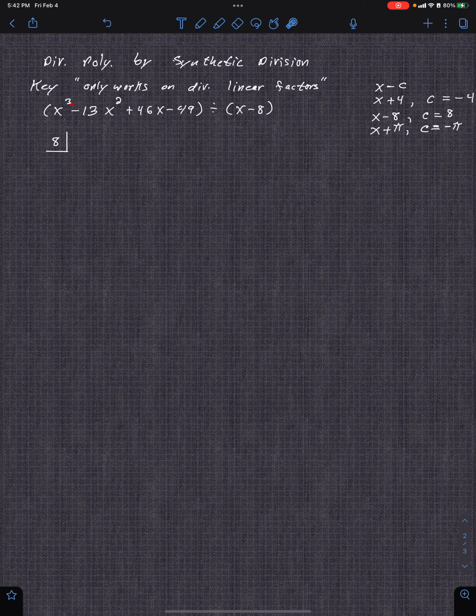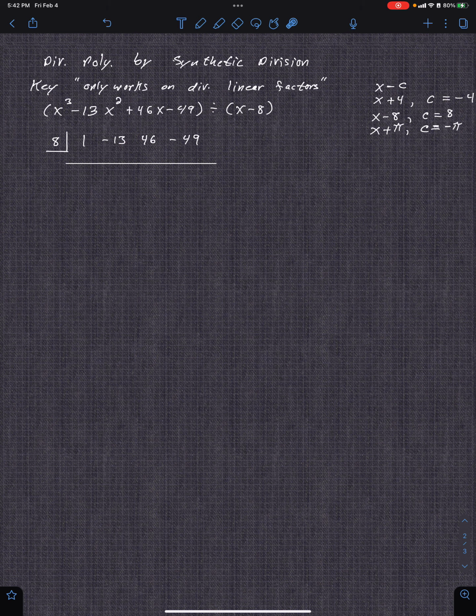So this is 3, 2, 1, and there isn't anything missing, so that's good. So this is 1, negative 13, 46, and negative 49. And then you leave one character space right here and draw a line like that.